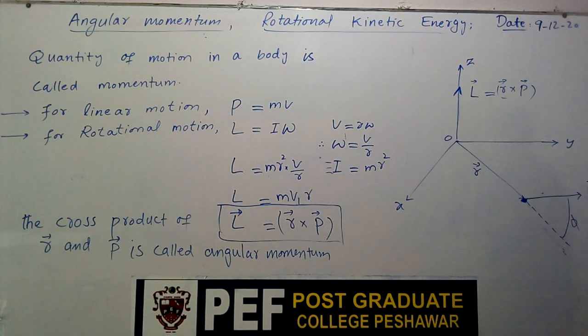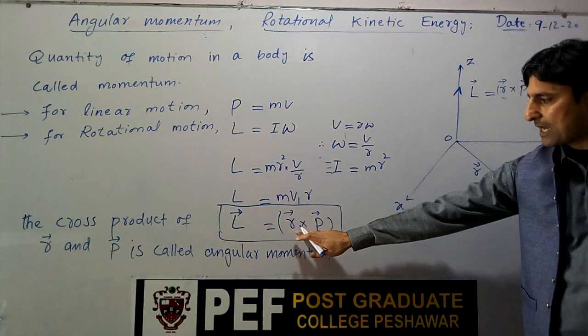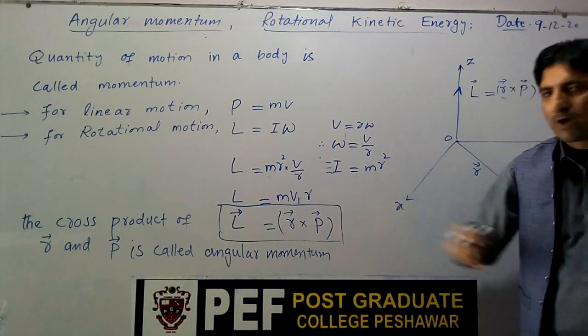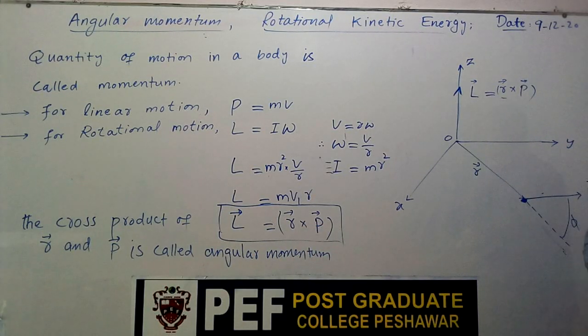Now what will be the unit of angular momentum? From this equation, r cross p. The unit of r is meter, and what is the unit of p? P equal to mv, so its unit is kg meter per second.